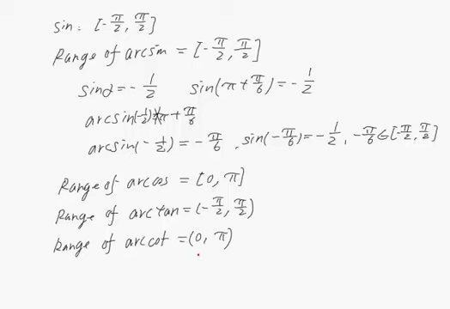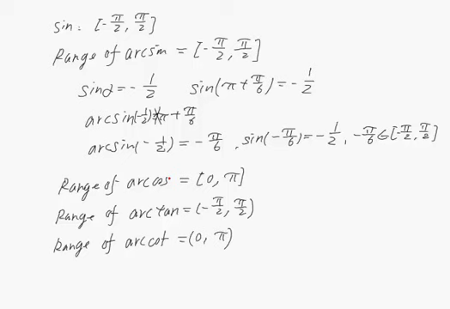And for the secant and cosecant, which is similar to the range of the arc cosine and the arc sine, except you need to exclude the point at which the cosine and sine is equal to 0. So this is about the range of the inverse trigonometric functions.